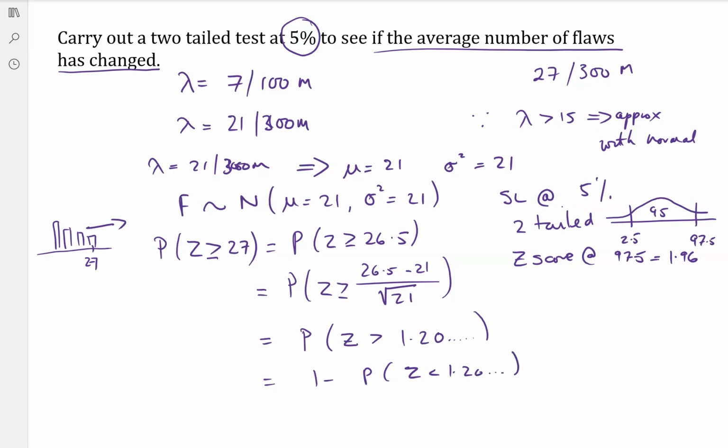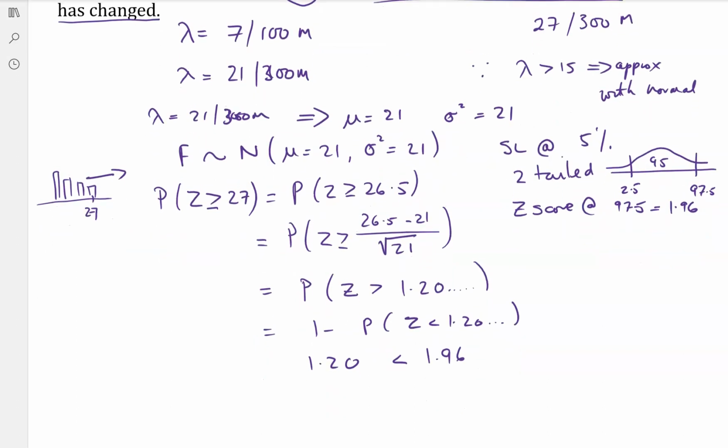And since our z-score is less than our z-score at 5%, or 2.5% for the right-hand side, our value is going to be within the acceptance zone.